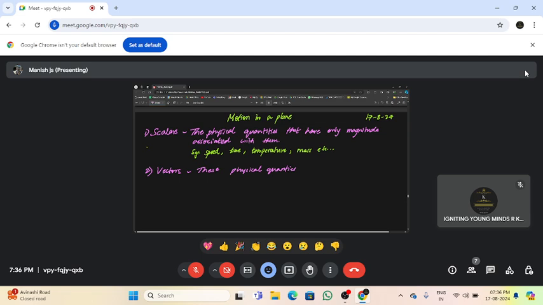So those physical quantities which have both magnitude and direction associated with them are called vectors. So any examples of vectors?